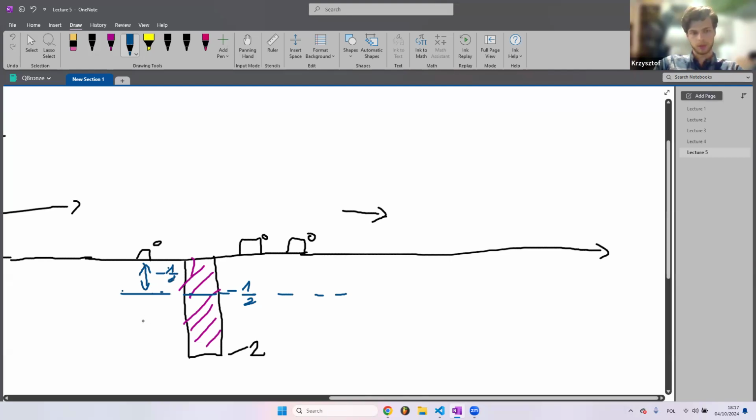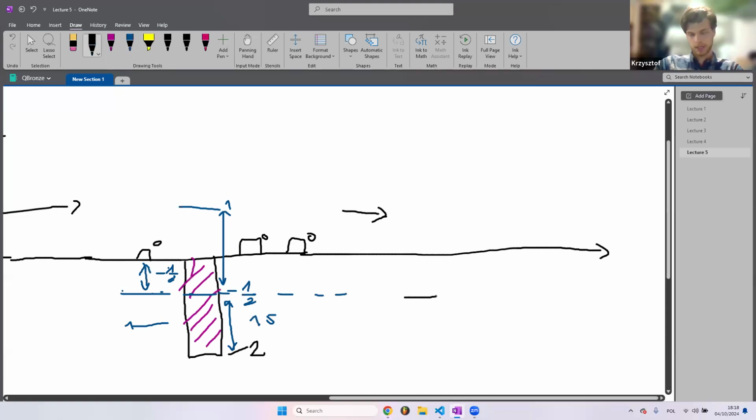So the inversion will transform this to value 1, and this here, the distance is 1.5. So we add 1.5 to this, and we'll get a value of 1.